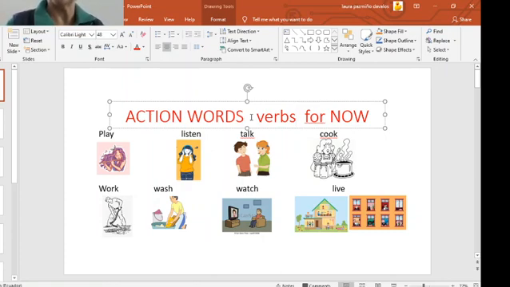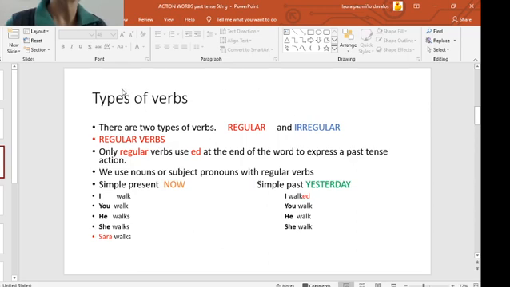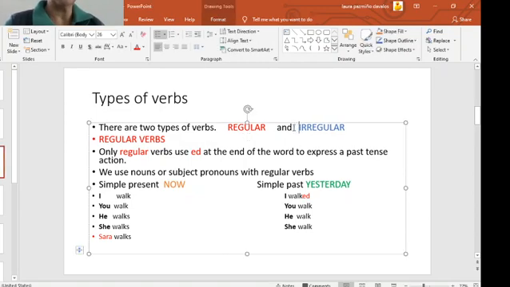We have two types of action words, two types of verbs, the regular ones and the irregular ones. Right now, no nos vamos a meter con los irregulares porque son un poquito más complicados. Los regulares son very friendly, facilitos. Okay, ¿cuáles son los regular verbs?